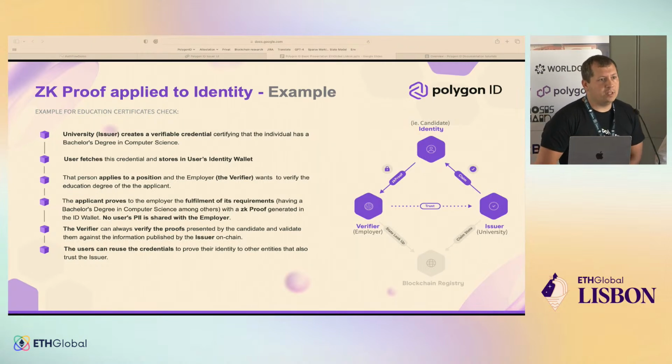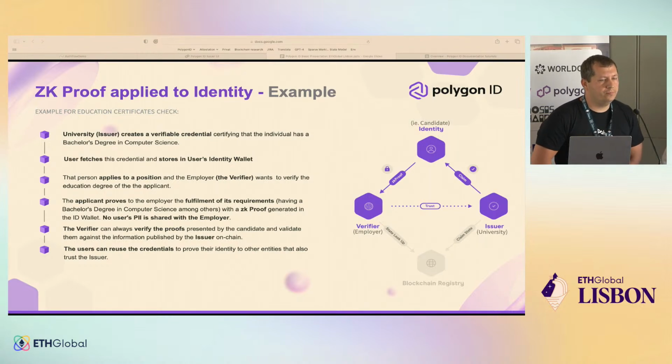And then when the time comes and a verifier needs to get some data, the verifier asks some questions, and for this we designed a special way of asking questions with zero-knowledge proofs. We call it ZK query language.